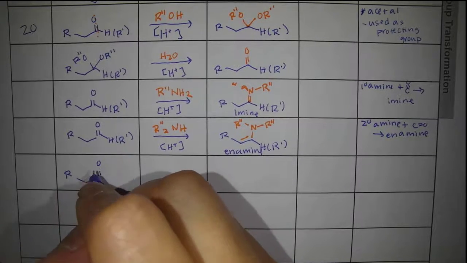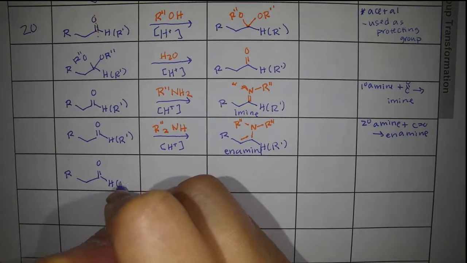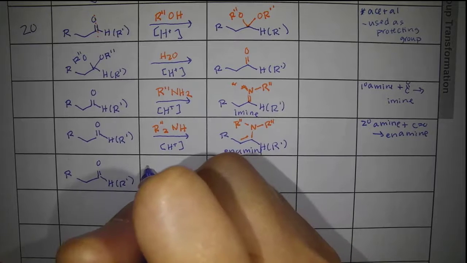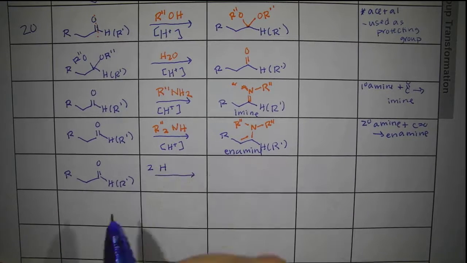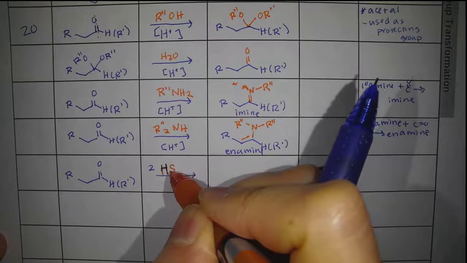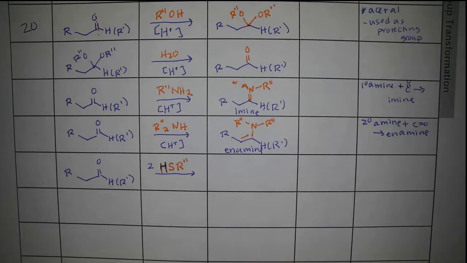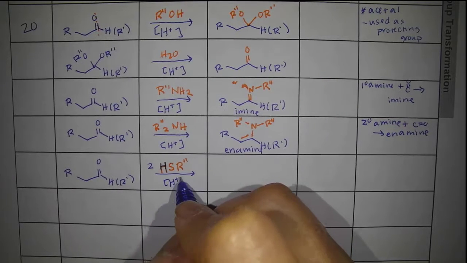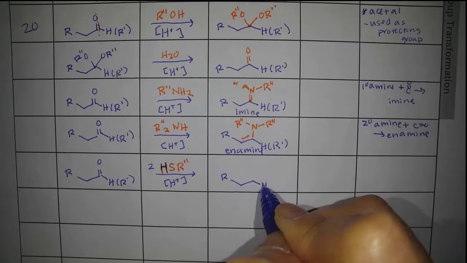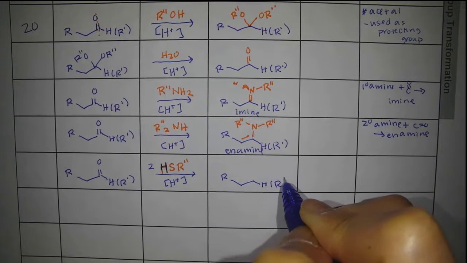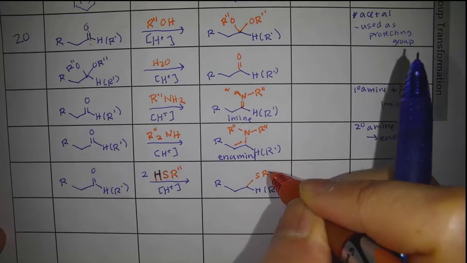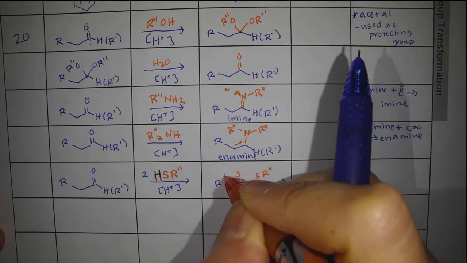If you wanted to employ a different protecting group rather than the acetals, we can make a thioacetal. So the sulfurs will act just like the oxygen, and we form the thioacetal.